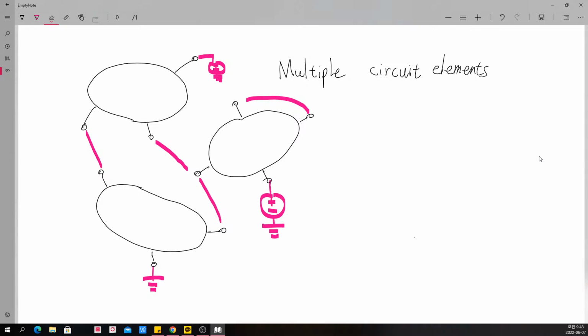But if you are working with quite simple cases, for example, if you allow just one transistor and one circuit element, then maybe the implementation is not that difficult.